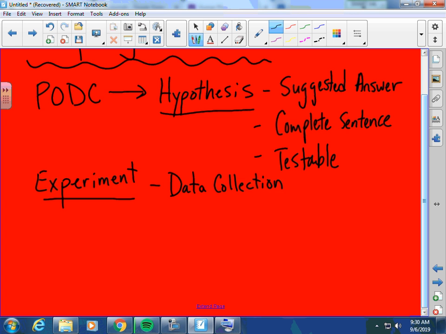So we have these things called constants. These are things we always keep the same with each trial, so that everything is exactly the same except for the one thing we're testing. All right? So if we have something that changes, the thing we're going to test, we call that the manipulated variable.